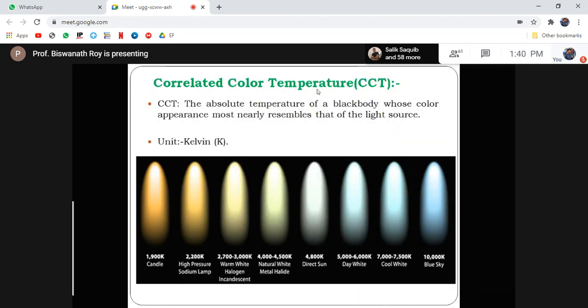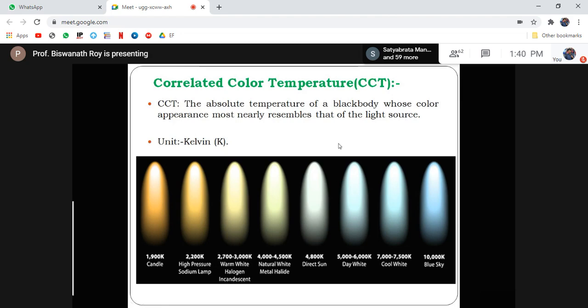That color appearance of the lamp is measured with the instrument, the chromometer, and it is numerically represented by this term, correlated color temperature. So CCT, which stands for correlated color temperature, is the numerical representation of the color of a white lamp, right?